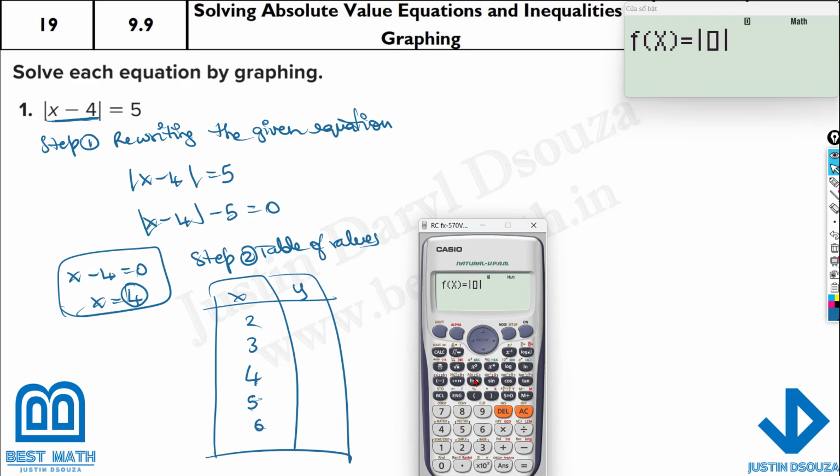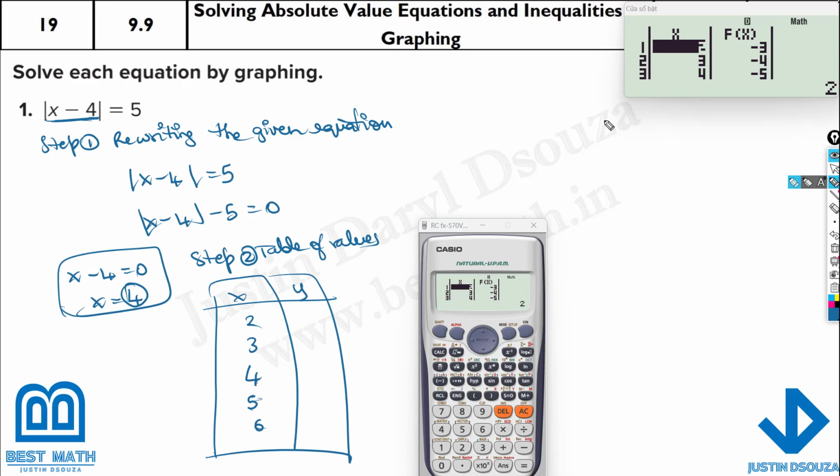You can see that ABS. Now alpha x minus 4, that's already closed. Go next and put minus 5. Now this is just press equal. There's only one equation we are solving. Start at 2, end at 6, and step 1.